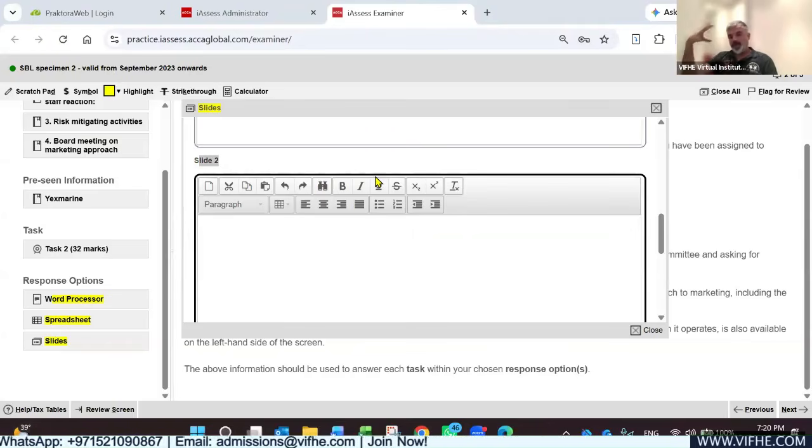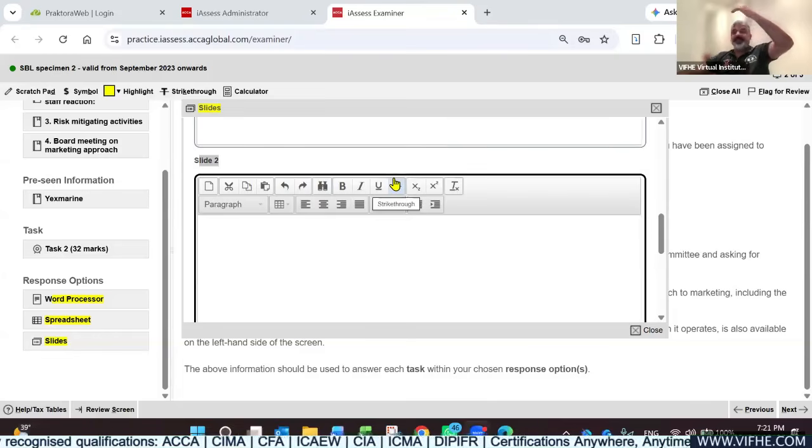Very simple. Normally in SBL, 95% of the time, the examiner wants you to prepare two slides. If you read the requirements, the examiner will mention how many slides. 95 or even 99% of the time, the examiner specifically says prepare two presentation slides.